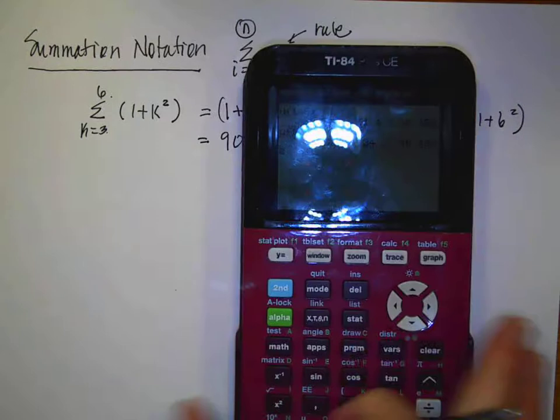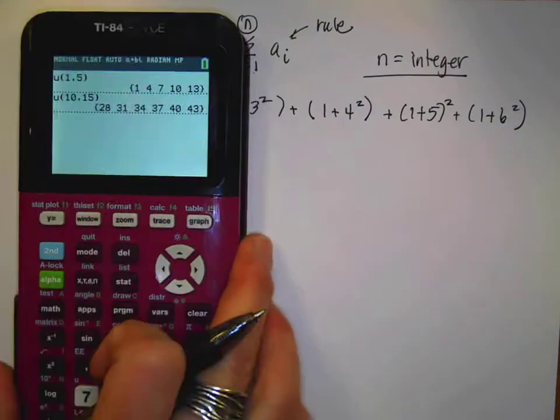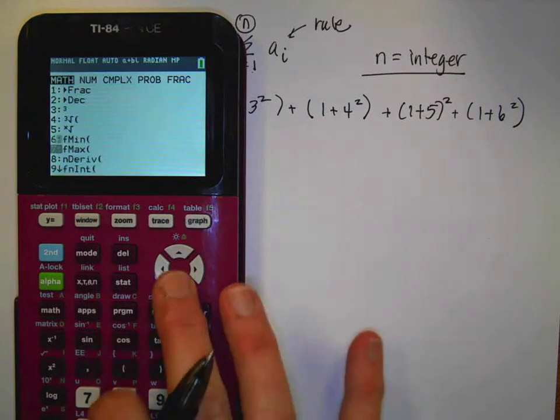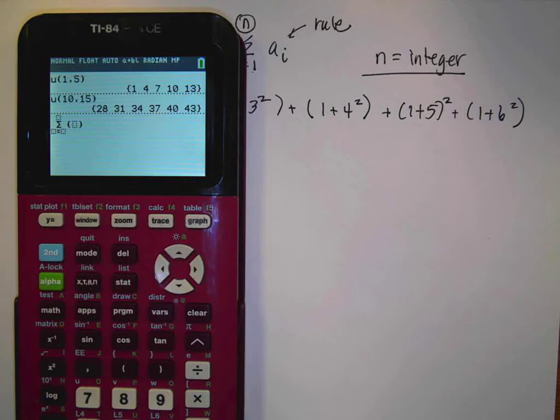Well, that's annoying. So instead, I'm going to bring in, I have to put it over here, otherwise the glare is really bad, my handy dandy grapher, and I go to my math button, and I go down a ways, there it is, there's my summation button, okay?